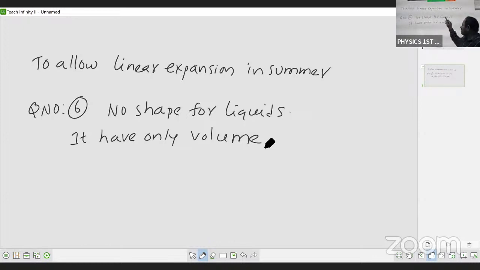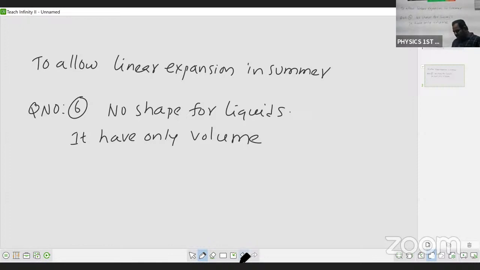That is why we have only the volume expansion coefficient, also apparent expansion and real expansion. You write: no shape for liquids, it has only volume. Enough.